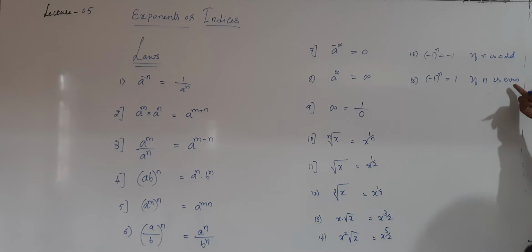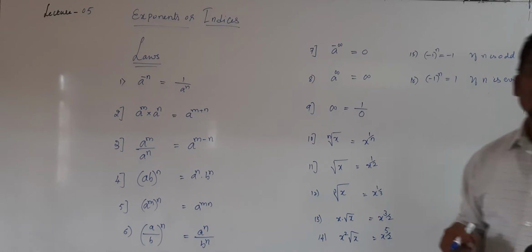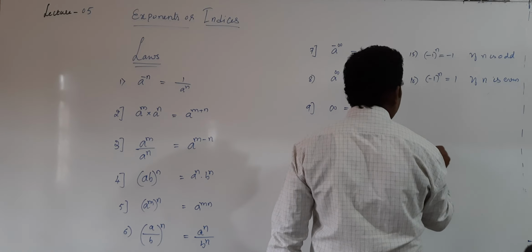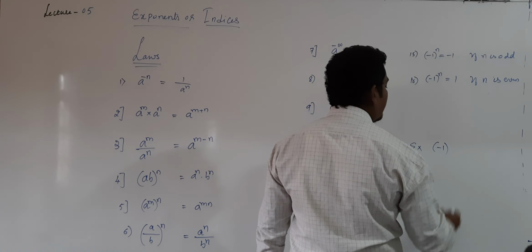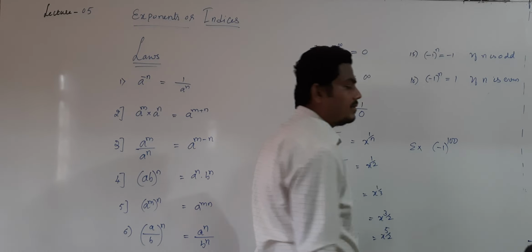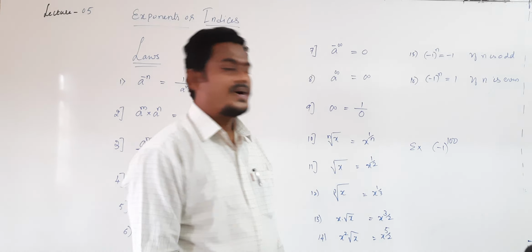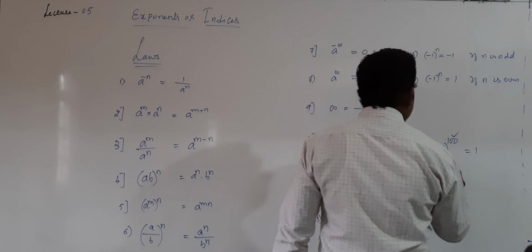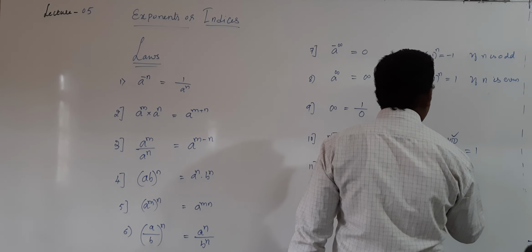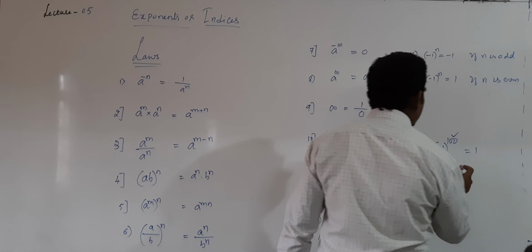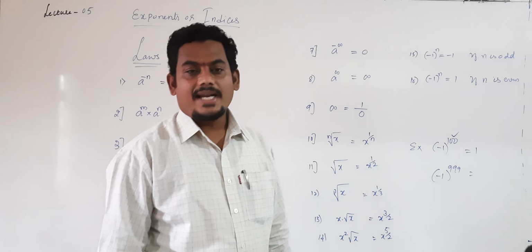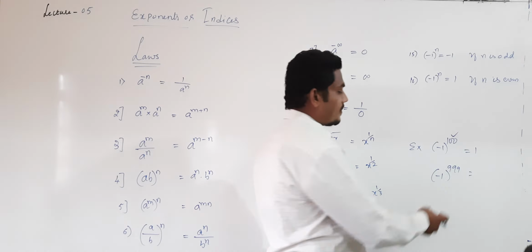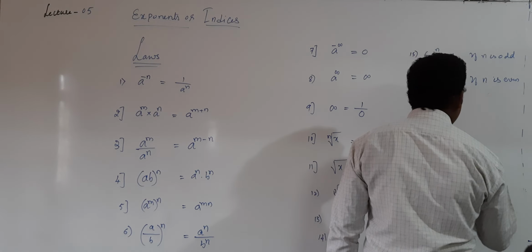For example, minus 1 power 100: clearly, power is even, so its value is plus 1. Suppose minus 1 power 999. 999 is an odd number because it is not divisible by 2, so the value is minus 1.